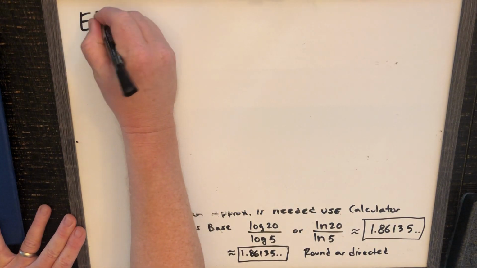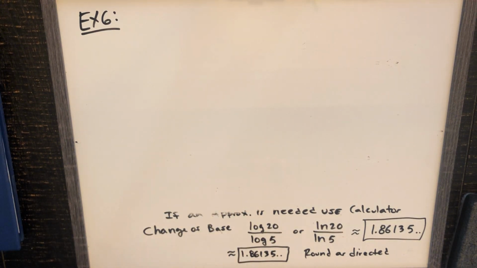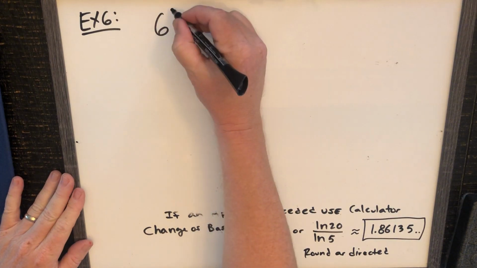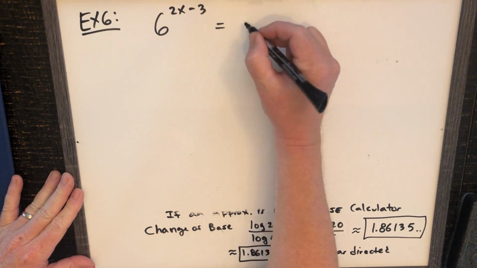Example 6. 6 to the 2x minus 3 is equal to 32.